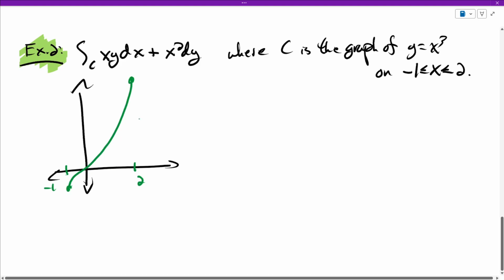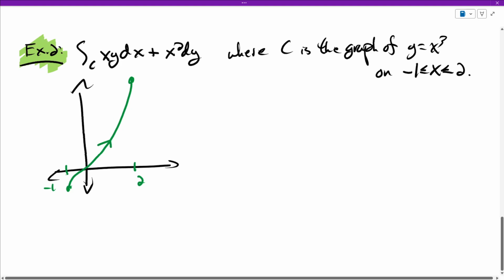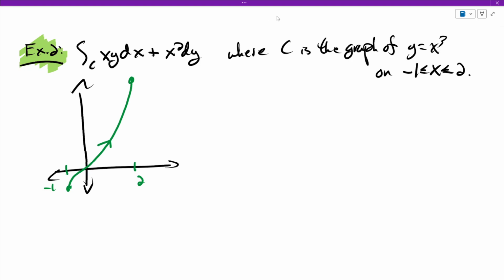And when we're given that it's a graph of a function, the way in which we should walk along the graph is kind of determined. We usually choose to walk in the direction of increasing x values. So that's a convention.